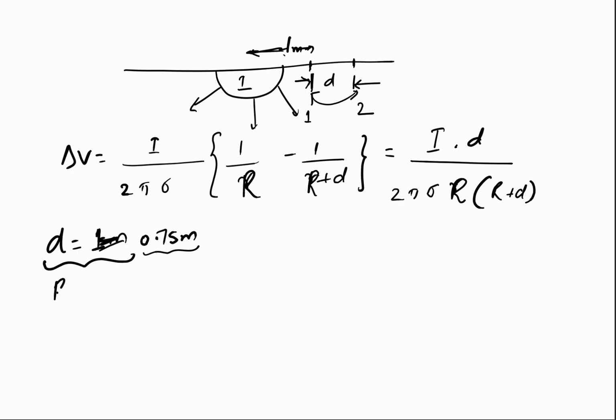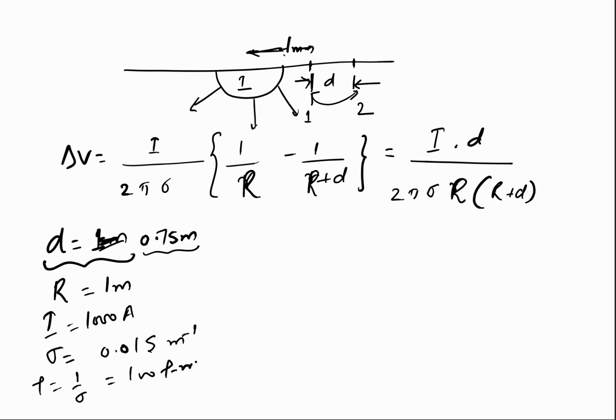That is, this R is equal to 1 meter, and let us say the current is 1000 ampere, which is a normal value for a simple substation. This fault current can be very easily achievable. And let us say the soil is having a conductivity of 0.01 Siemens per meter, or rho is equal to 1 by sigma is equal to 100 ohm meter.